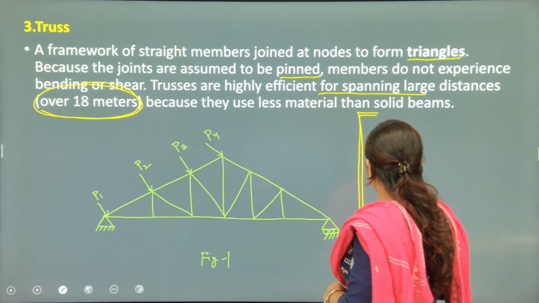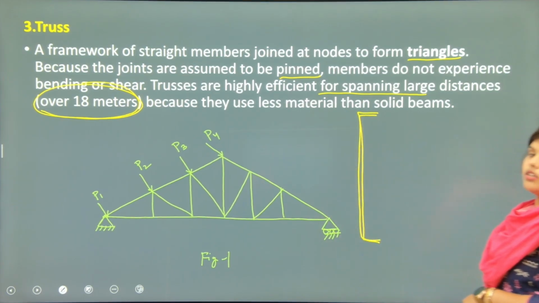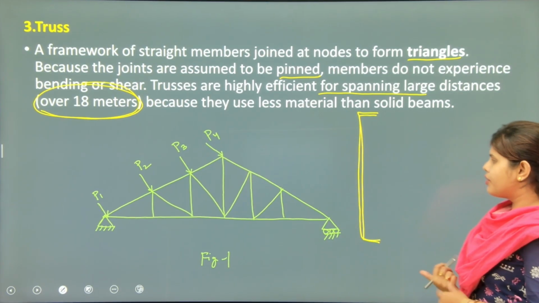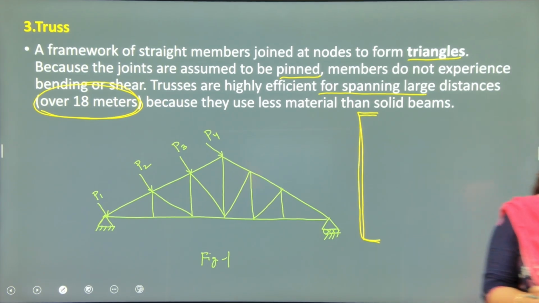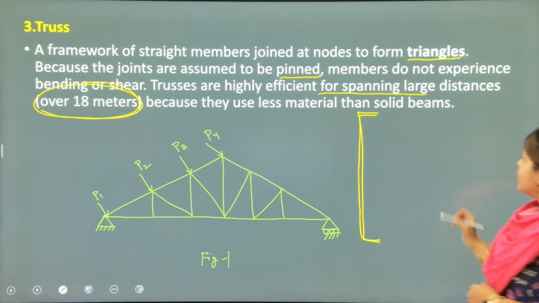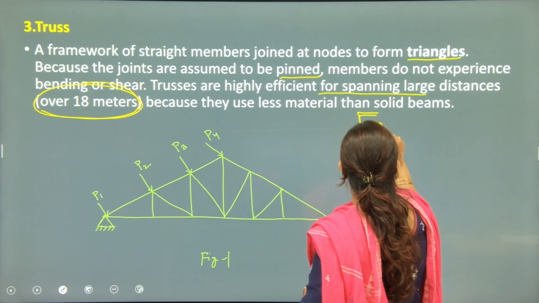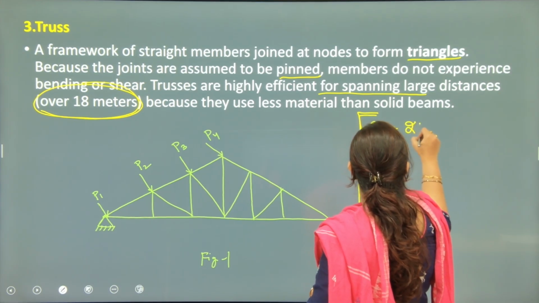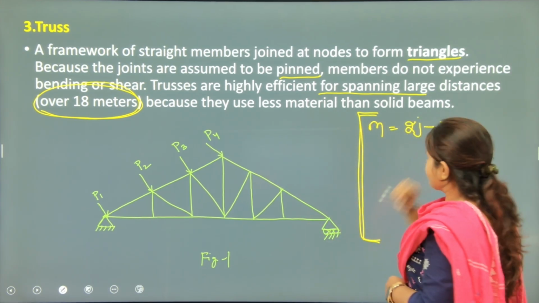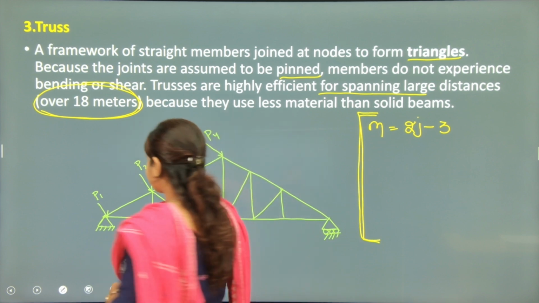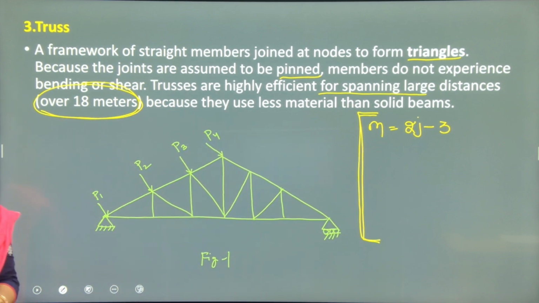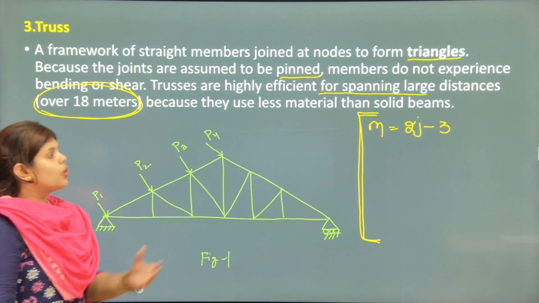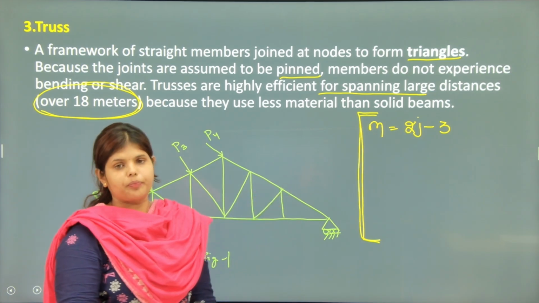Whenever we think about a truss, it will have a different formula: m equals 2j minus 3. What is m? What is j?